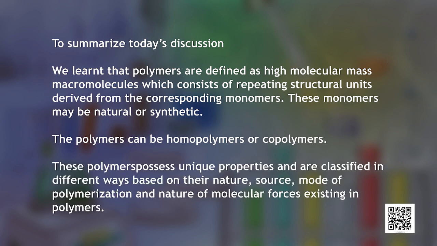These polymers possess unique properties and are classified in different ways based on their nature, source, mode of polymerization and nature of molecular forces existing in polymers. These polymers have immense applications in our daily life.